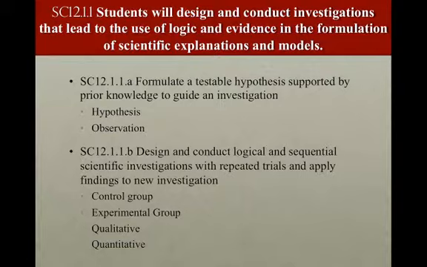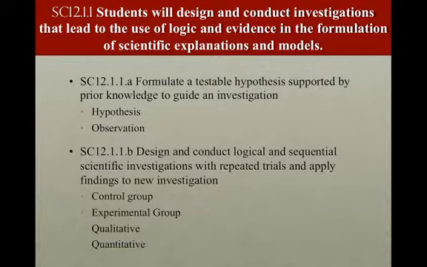So design and conduct logical and sequential scientific investigations with repeated trials and apply findings to new investigation. For this one, what's the difference between a control and experimental group? Right, control is the same.